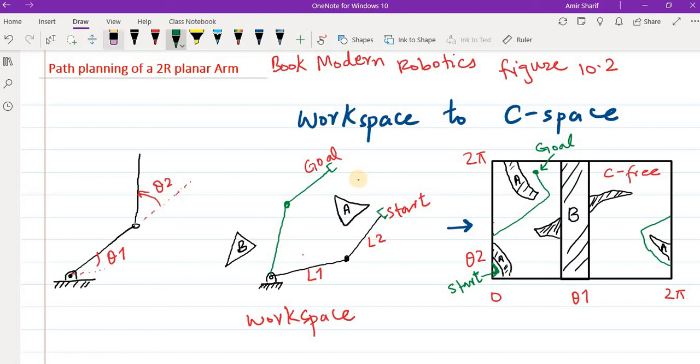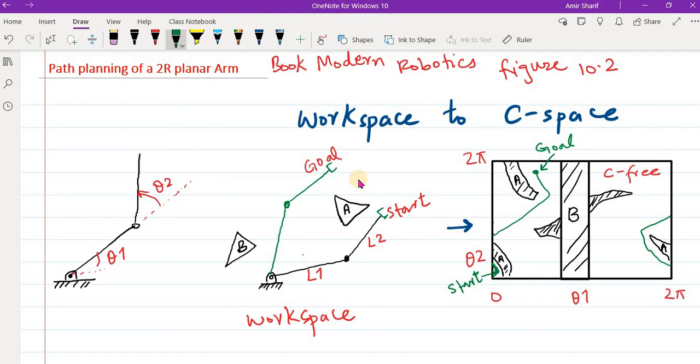And yeah, when the obstacle is almost passed, then theta1 will also start increasing in this region. Theta1 increases and theta2 will also increase till it reaches this configuration, which is the goal configuration here.